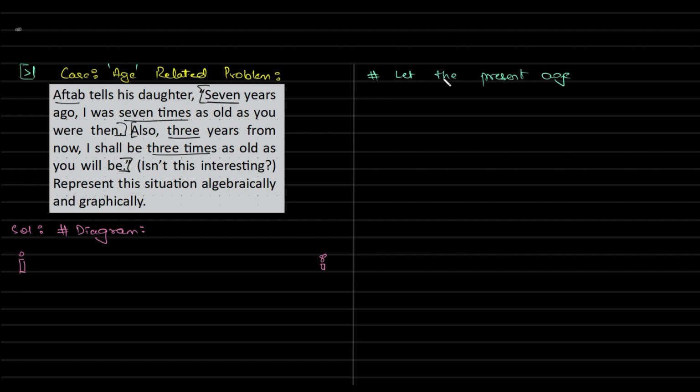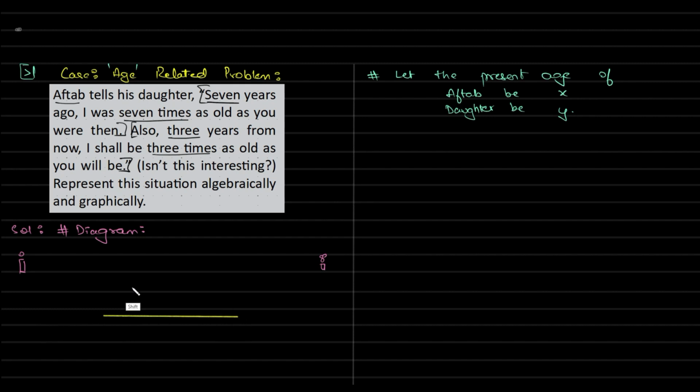So, when you are talking about age, always talk about the present age. Let the present age of Aftab be X and his daughter be Y. Right? So now, after writing the statement, let's jump on to the diagram.